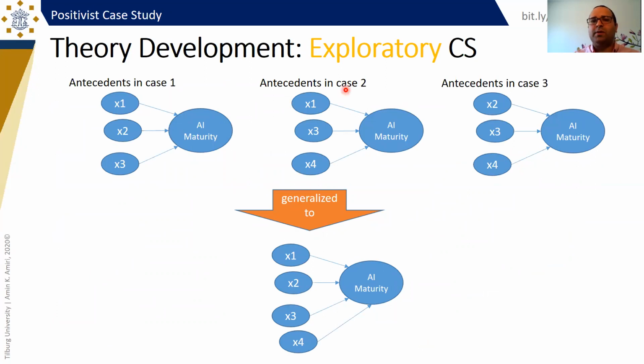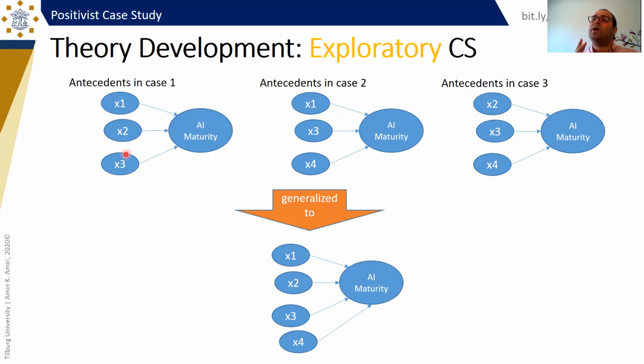First, I'm going to explain how exploratory case study does that. For example, one of my students in the previous term wanted to figure out the antecedents of AI maturity. She found that there were so many things, and she just wanted to find new antecedents.